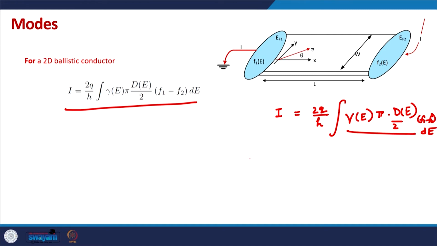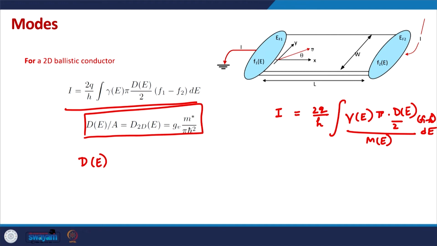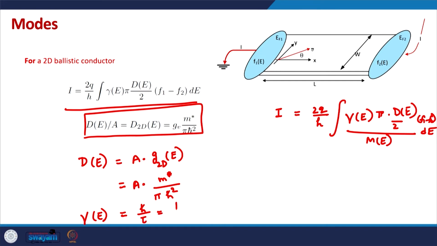So, this factor is ME, the number of modes, in a 2 terminal device, and in a 2D device, dE is area times G, the density of states in 2D, G2dE, which means area times m star divided by pi h bar square, and gamma is given as h bar by tau, which is essentially h bar by L divided by Vx plus, which is equal to h bar by L times 2 by pi times V E.